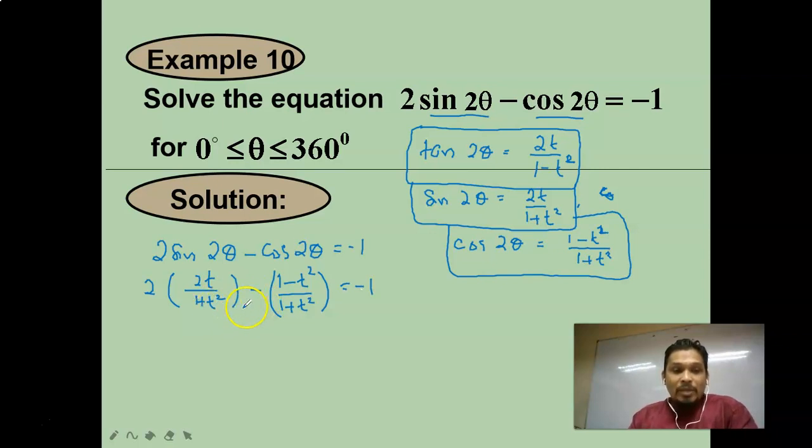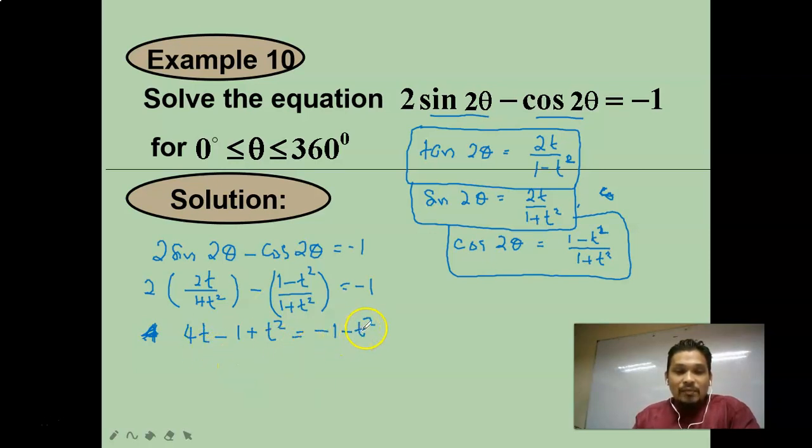So both denominators of this fraction are equal, 1 plus t squared. So multiply by 1 plus t squared here, here, and here. So it gives you 2 times 2t equals 4t, 4t minus 1 minus t squared equals negative 1 times 1 plus t squared, negative 1 minus t squared. So simplify this, bring all to the left side.